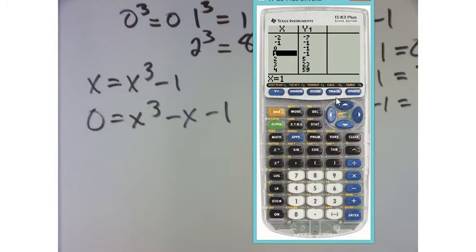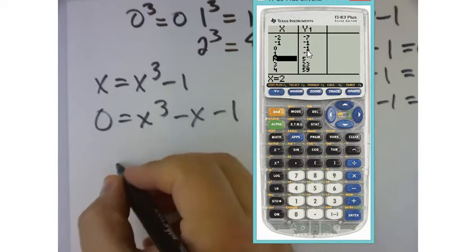So this has to occur between 1 and 2, because when I plug 1 into this equation, it looks a little different because we rewrote the equation. But it has to occur between 1 and 2, because at 1 I have a negative value, at 2 I have a positive value, and what I'm looking for is y equals 0. Now the textbook isn't asking me specifically what it is, it just wants to know if it exists.